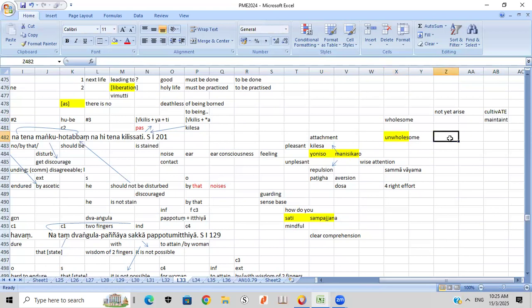So one is to prevent. Guarding is to prevent. Yoniso manasikara is to abandon. It has already arrived, you need to abandon. You get it?